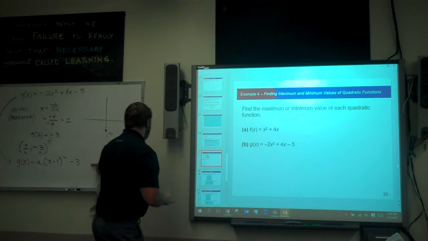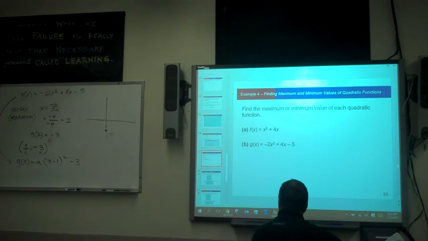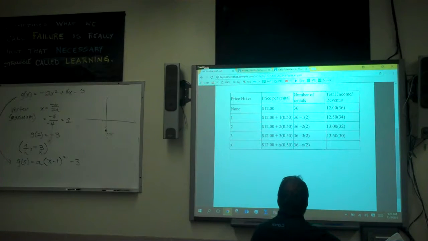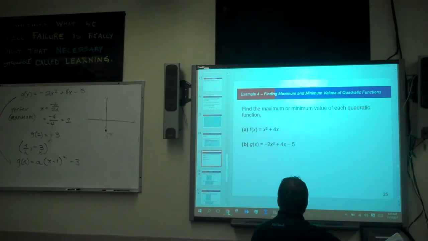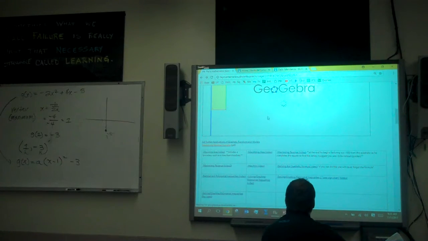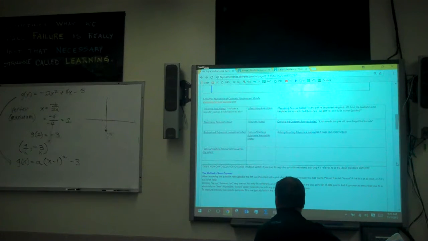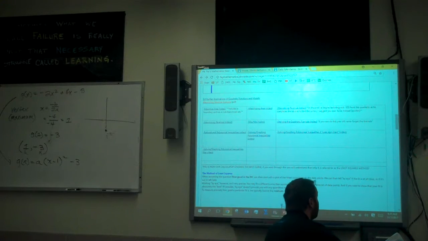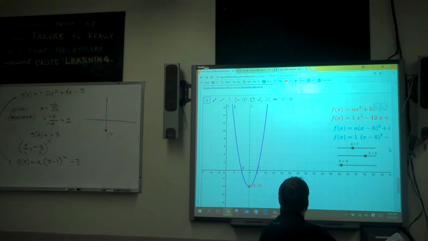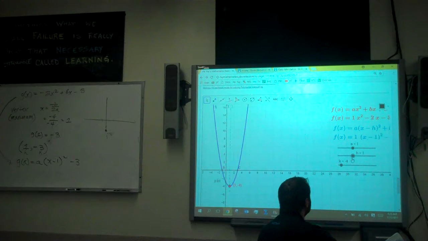The way I've got this g of x solved for now is showing me a general solution for the infinite number of functions that have that vertex at 1, negative 3. So h is 1, k is negative 3.